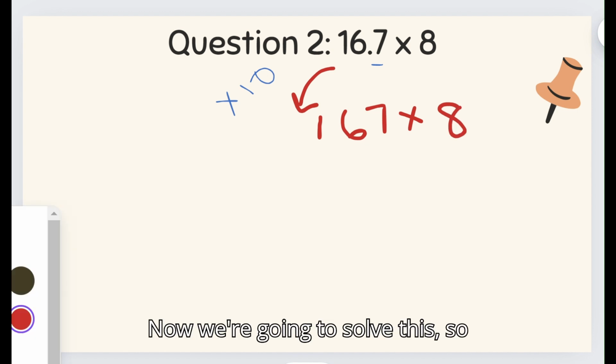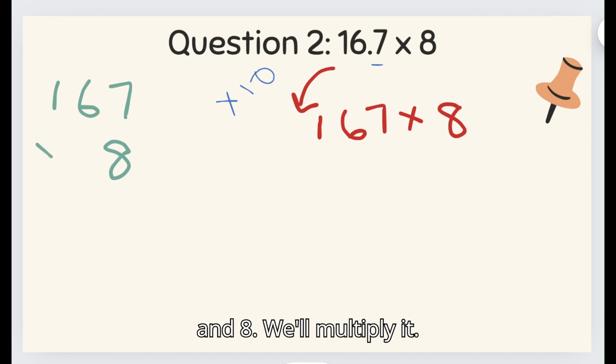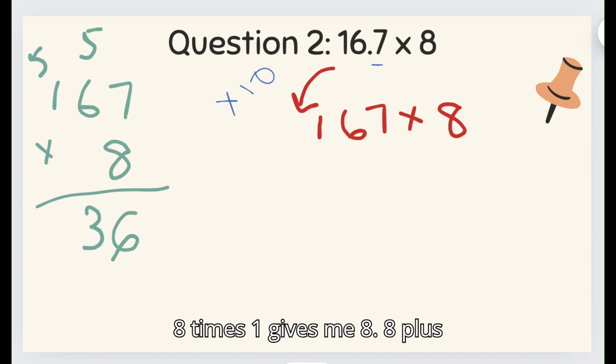Now we're going to solve this. 167 and 8, we'll multiply. 7 times 8 gives me 56. So 56. 8 times 6 gives me 48, plus 5 gives me 53. So 53. 8 times 1 gives me 8. 8 plus 5 gives me 13.